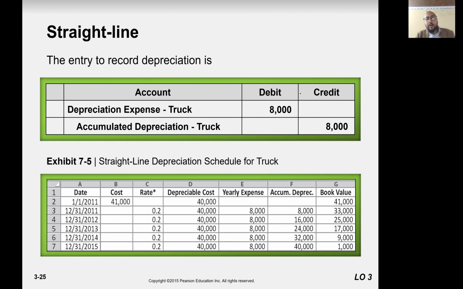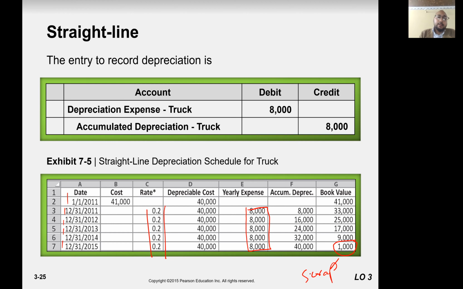All right. So if we make a chart of depreciation, this is 1 year, 2 year, 3 year, 4 year, 5 year. So you see, expense is 8,000, and at the end value is 1,000, which is equal to our scrap value or salvage value or residual value.